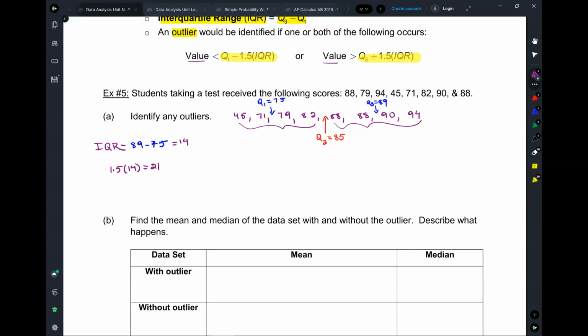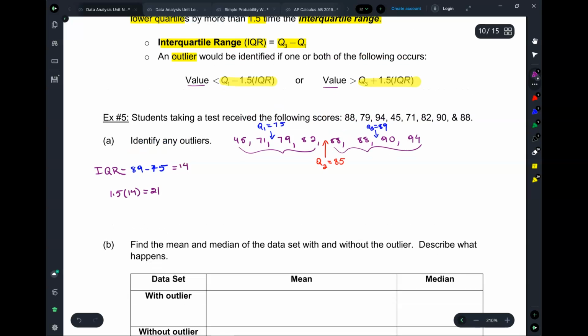Okay, so now you want to know if the values on the outside, so is this first value less than Q1 minus this number? What's Q1 minus that number?